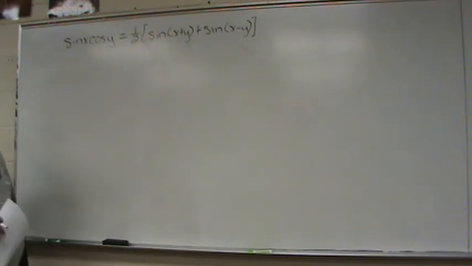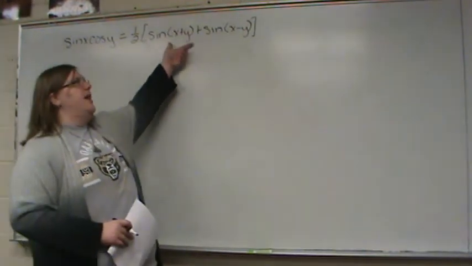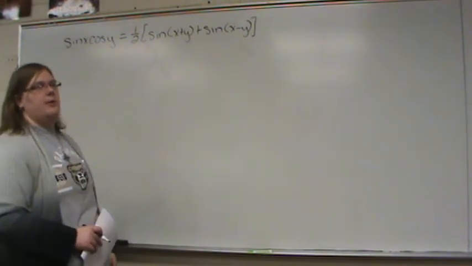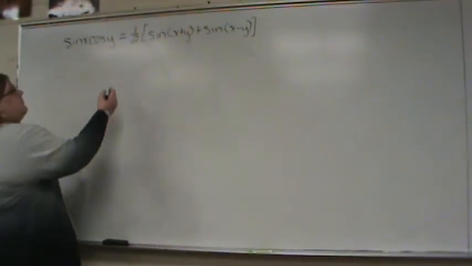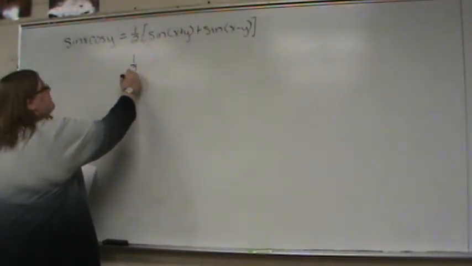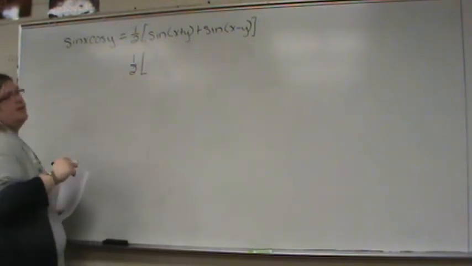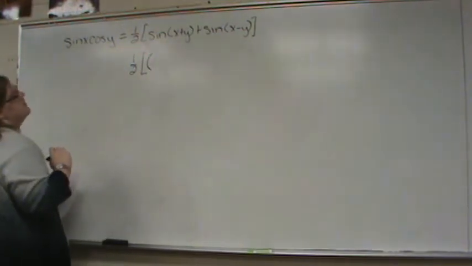Okay, so just like we proved other identities, we want to pick one side to work with. For these, it kind of makes it obvious. You want to expand the additions and subtractions using the identities that we know. So we're going to start with the right-hand side. We're going to have 1/2 times, and if you want to keep each identity separate, put it in parentheses so that you can tell what each term is.